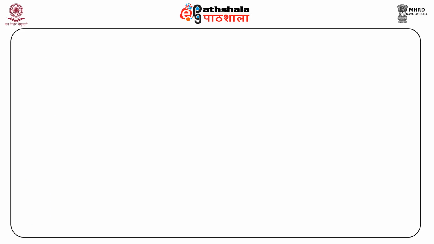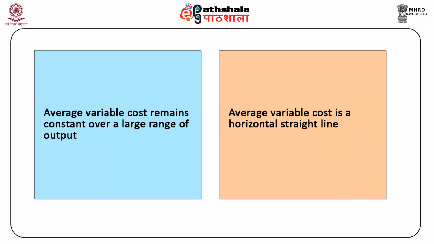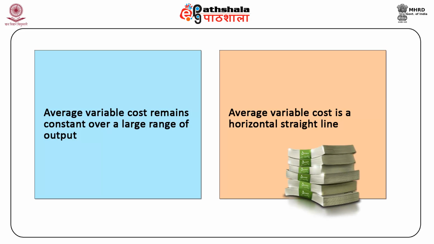Andrews, based on his empirical investigation, assumed that the average variable cost, or average direct cost, remains constant over a large range of output provided the prices of variable factors remain constant.